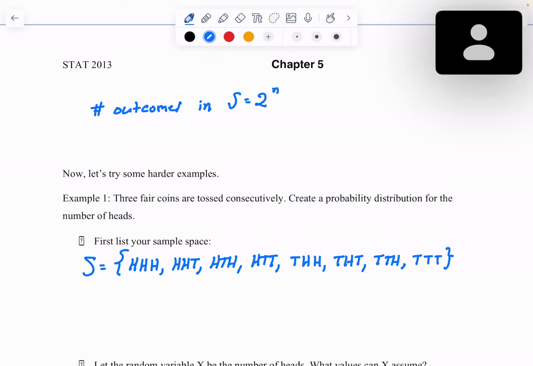So n is just however many times you're doing this. Here we tossed the coin 3 times, so n is 3, and the number of outcomes in S is 8. If we would have done this just twice, then the number of outcomes would be 4, just 2 to the second.